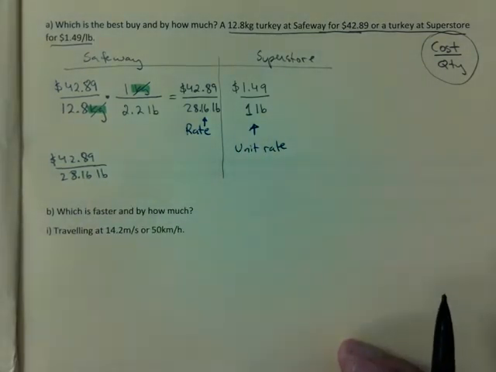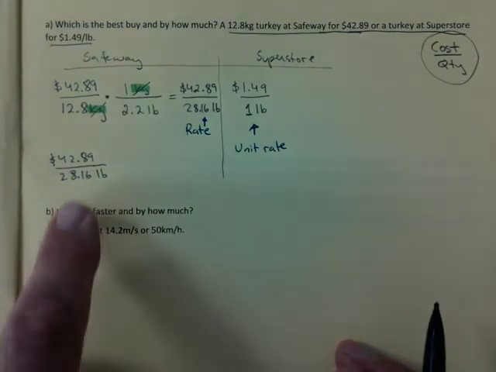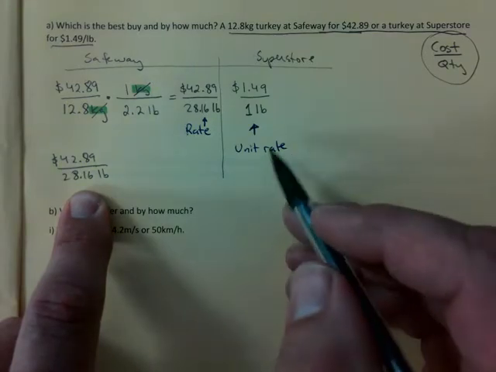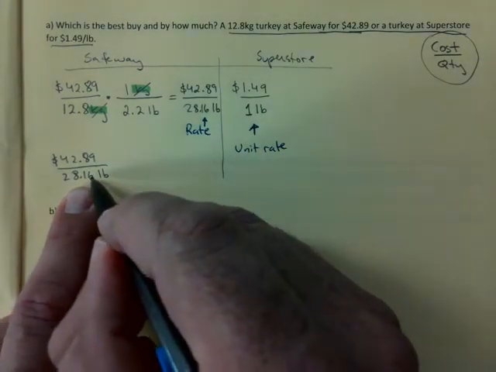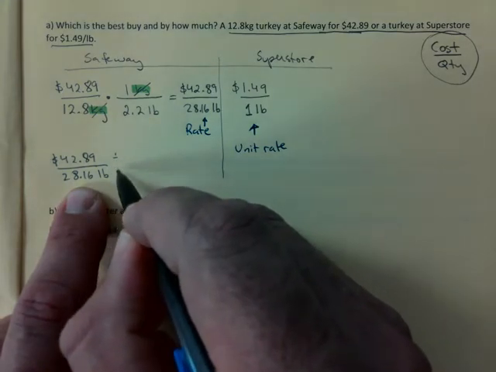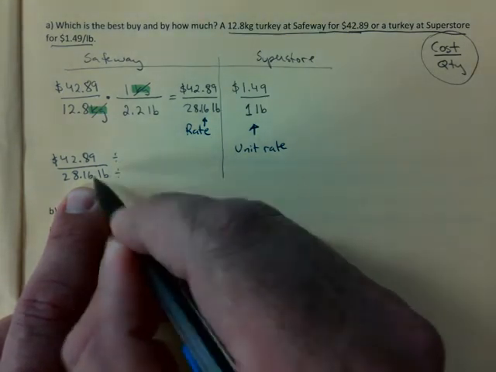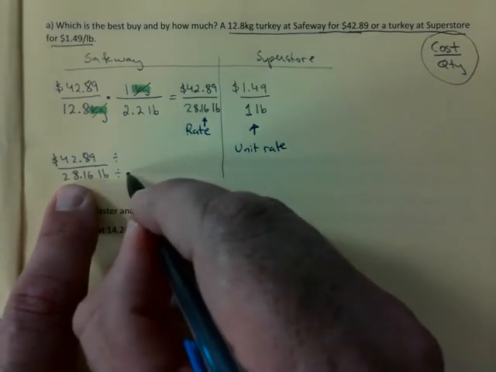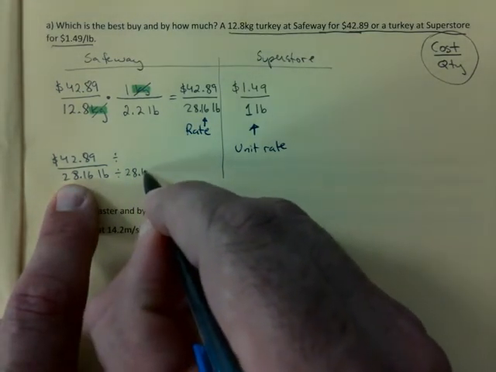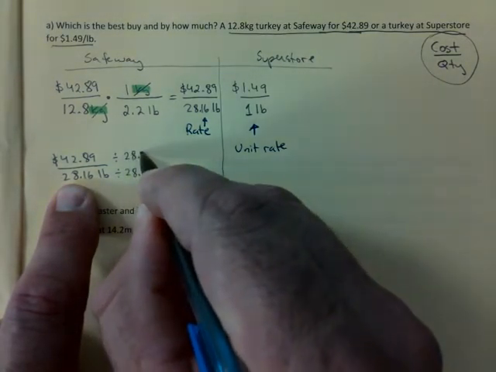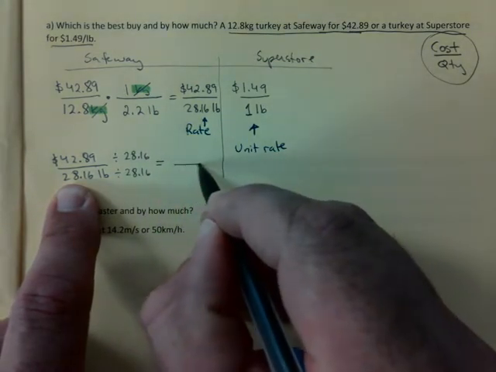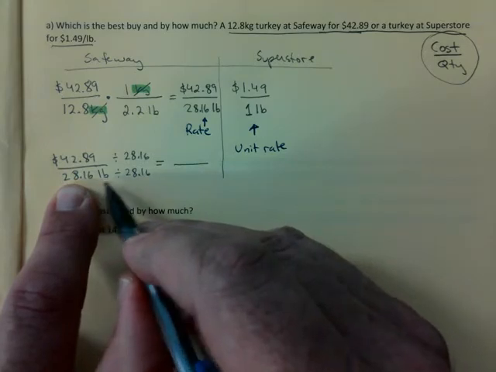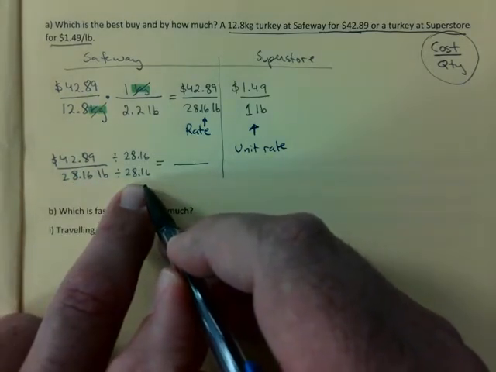So before I make my final conclusion, I'm going to convert this rate into a unit rate. Watch what I do. I basically divide both of these by the denominator. So 28.16, 28.16. What's 28.16 divided by 28.16?